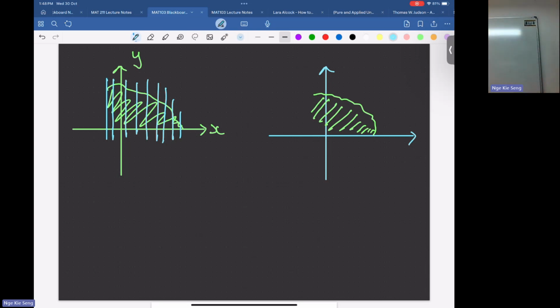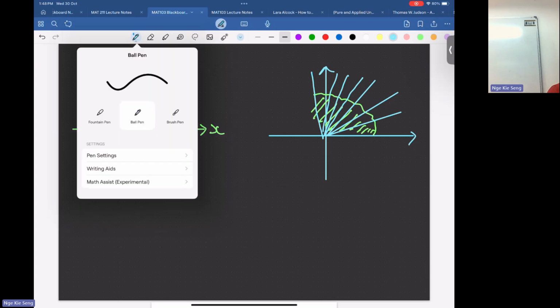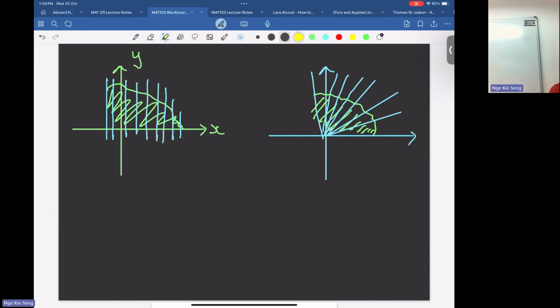But in the polar case, where is the polar axis? The polar axis is coming out from the origin. So when we talk about area bounded by a polar curve, we need to fill in using this polar axis. Meaning we need to fill in in a circular way.